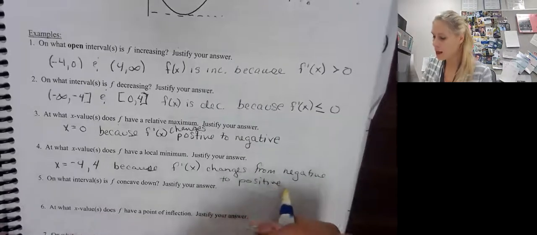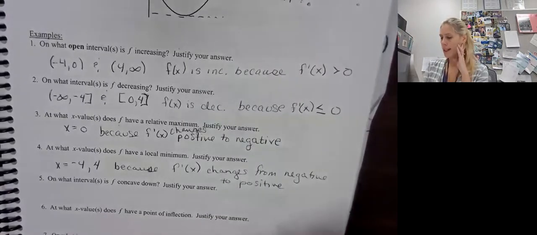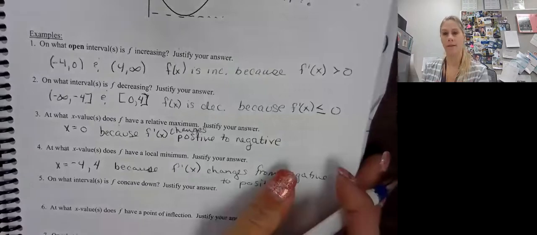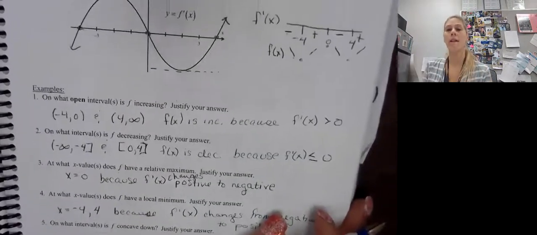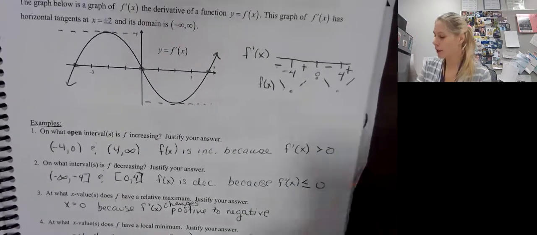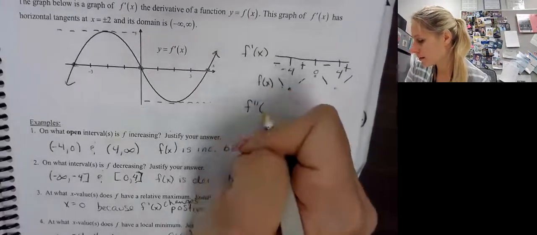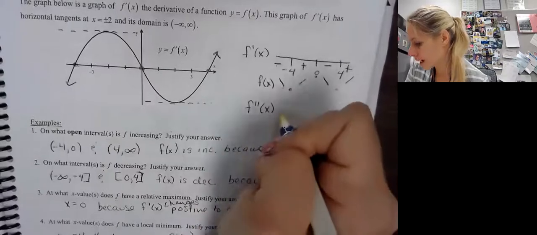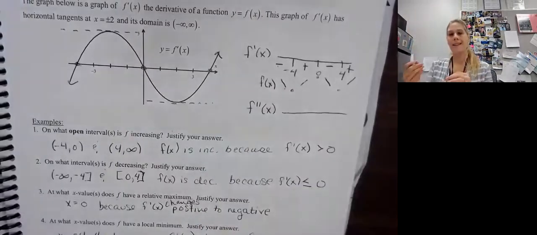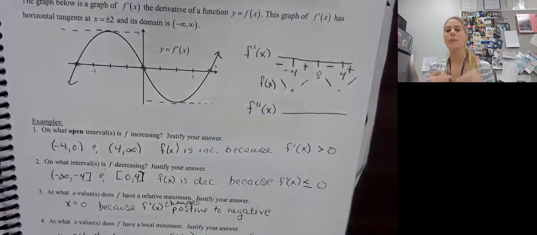Okay, next. On what intervals is f concave down? So when we look at concavity, we actually have to look at f double prime. We've been talking about this for the last few days now, that we got to remember that f double prime is the first derivative of f prime. So when we think of first derivative, we got to figure out where the slope is 0.